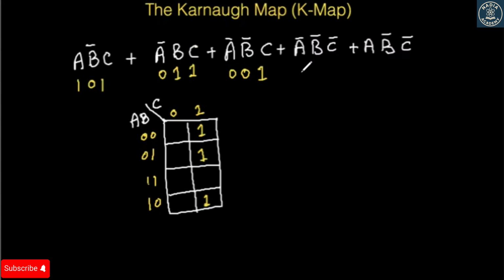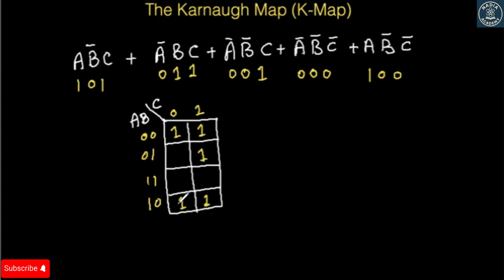The fourth term is A bar, B bar, C bar, so all are 0. So 0, 0, 0, so it's the first cell here. So we have A, that means 1, B bar, C bar, 1, 0, 0, so one here.